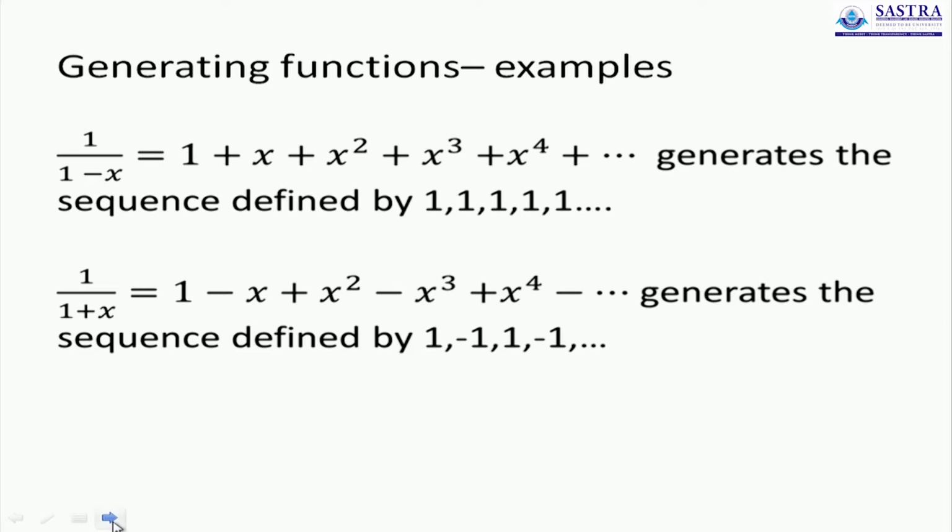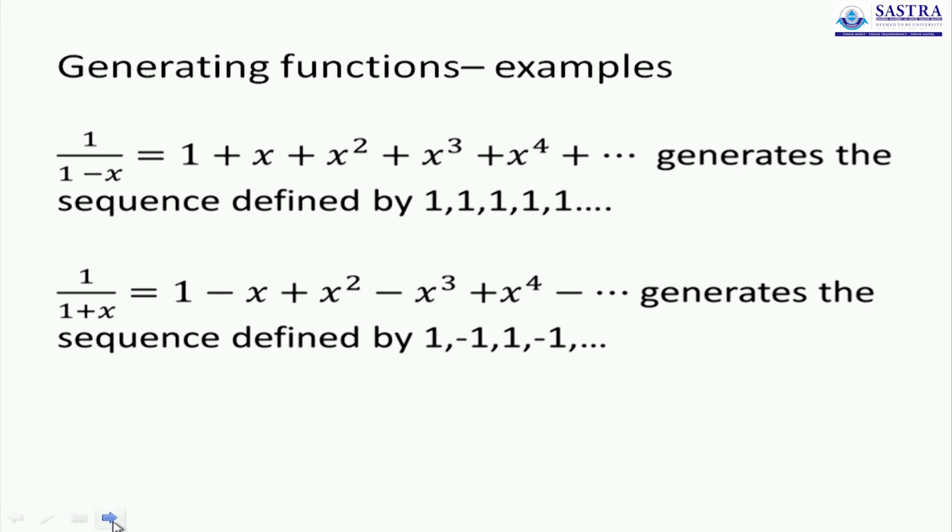Because 1 upon 1 minus x, we saw that it is an infinite summation of increasing powers of x where every term was positive. Now if you have a close look at the coefficients, you will see that all coefficients are the same. All coefficients are 1.